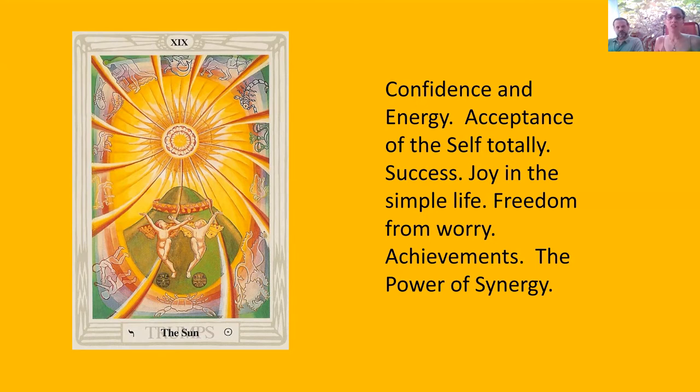And the tarot interpretation that comes from Frater Anubis's grimoire, that came out of Frater Barabbas's grimoire, and a few other sources, is the recognized version of interpretation for us, for the ESSG: confidence and energy, acceptance of the sun totally, success, joy in the simple life, freedom from worry, achievement, and the power of synergy.